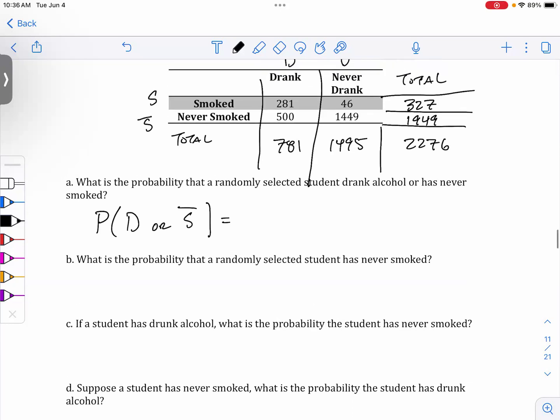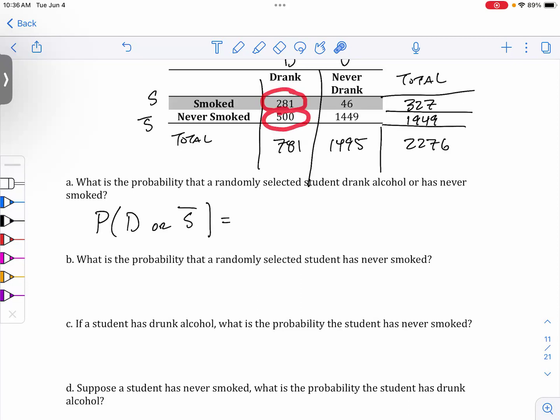So or is actually a kind of a complicated question. All right, because when we look at this, we need to look at the people who smoked or drank or did both. And or is inclusive. All right, that's a big one. All right, did one or the other or both. So, all right, those people that drank, they drank or never smoked.